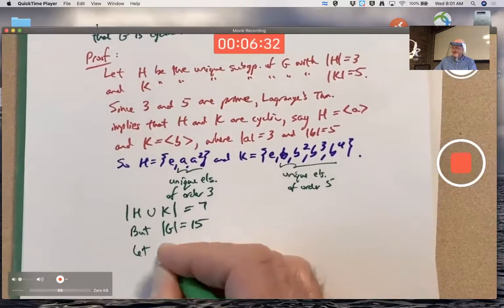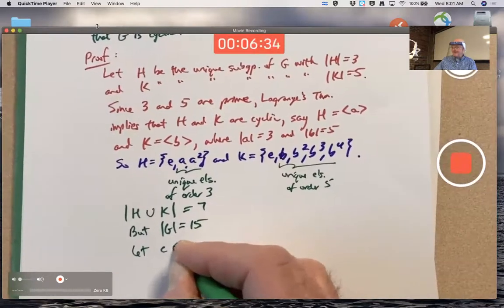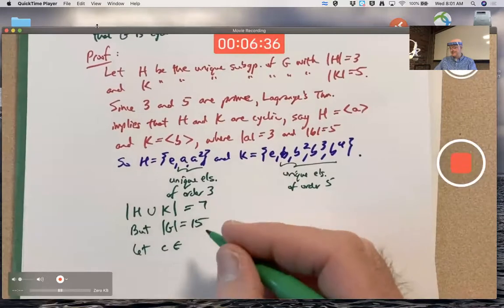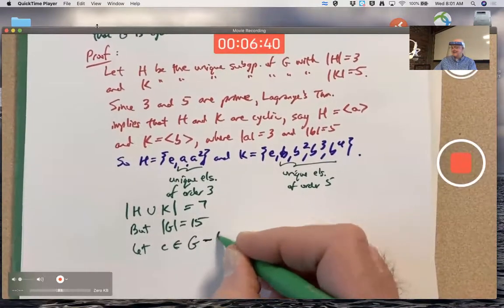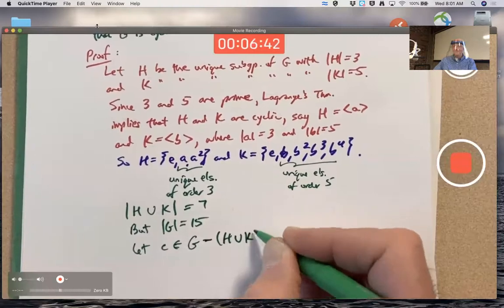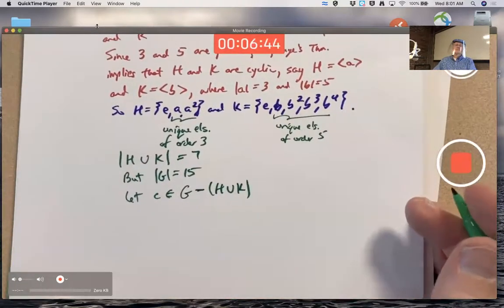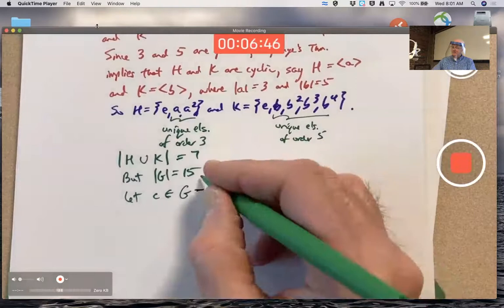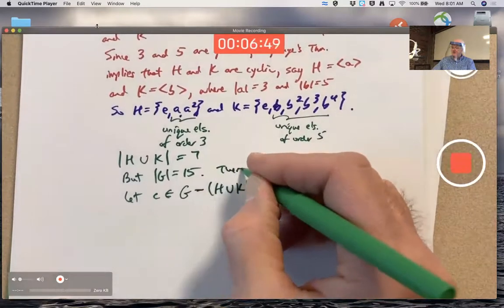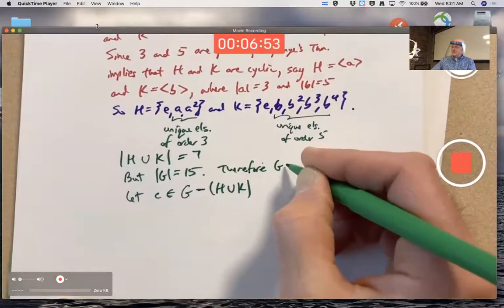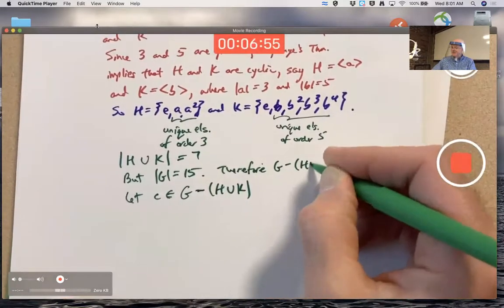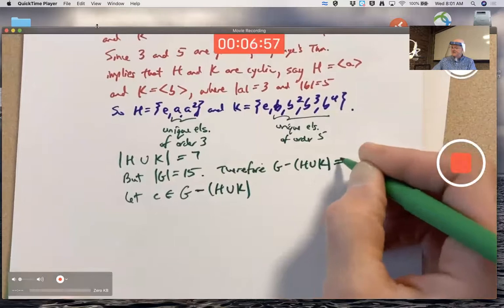Let C be one of those 8 elements, an element of G that's not in the union of H and K. Therefore, G set minus H union K is non-empty.